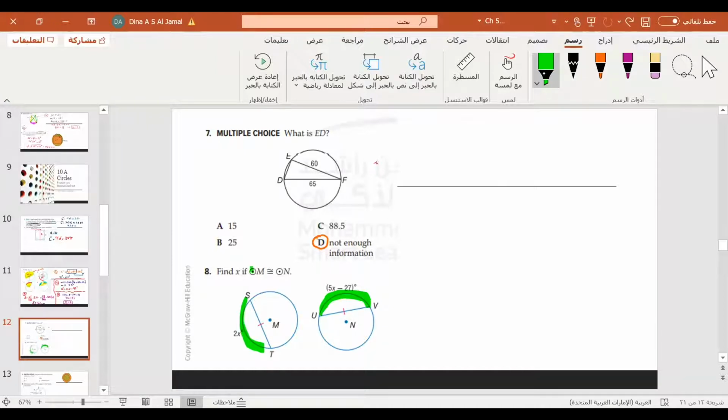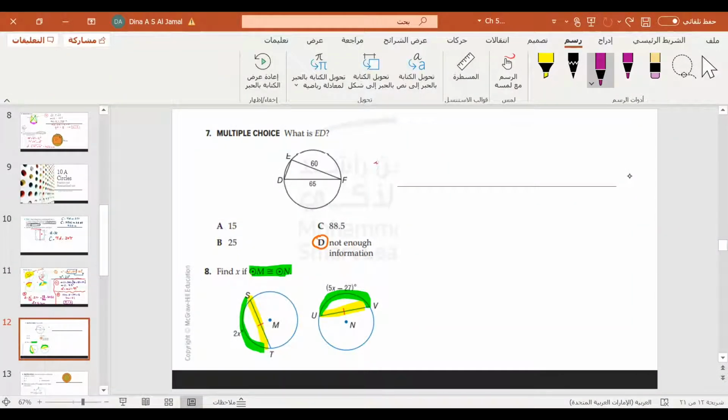So pay attention to this. If you are having congruent circles with two congruent chords, there is a relationship between the chords and the arcs. Whenever one of them is congruent to the other, then the chord will also be congruent to the other chord. And vice versa for the arcs.